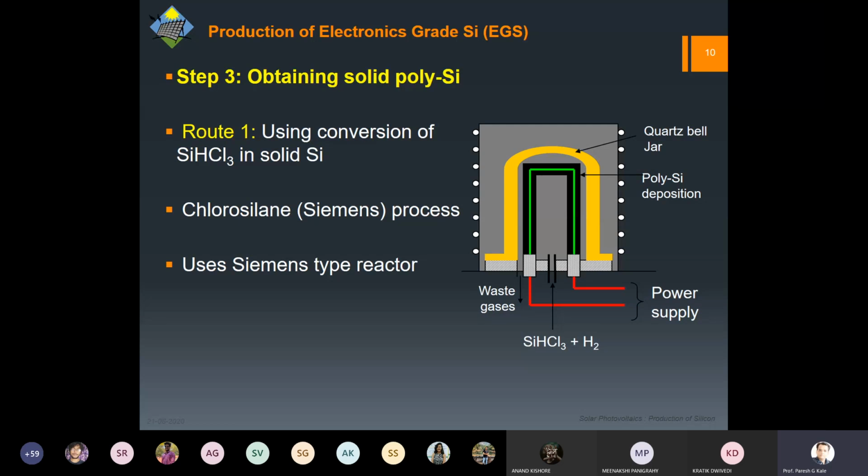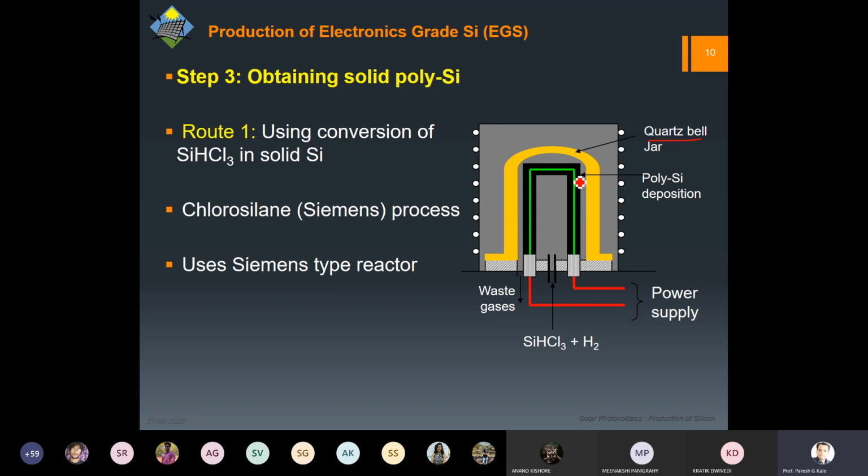And this is the complete reactor. You can see here, obviously there is an outer shell in yellow. Then this is made up of obviously quartz, because we don't want any impurities coming from the jar itself.